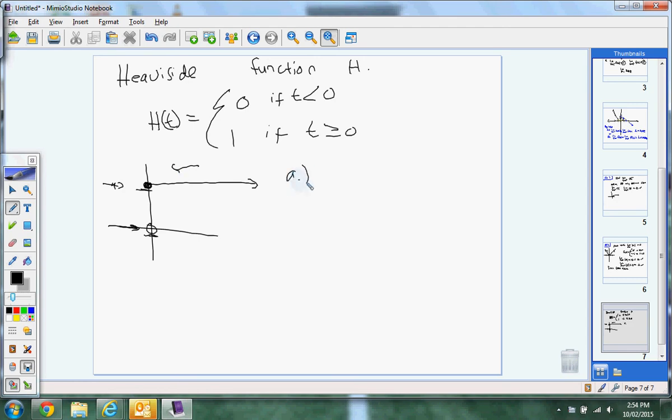So part A here, limit as T goes to 0 from the left of H of T, we get 0. Anything to the left is 0, I'm going to get 0.